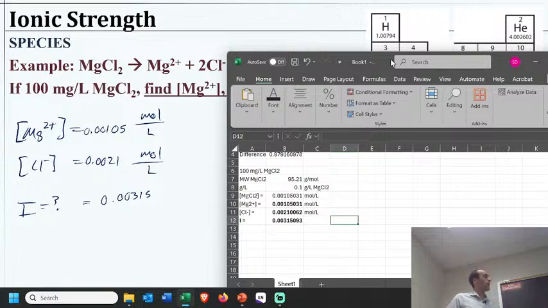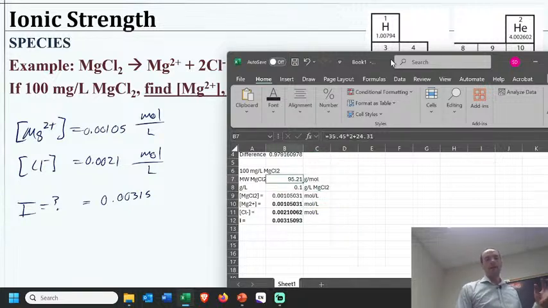We have 2 Cl minus for every 1 mole of that molecule that we dissolve. So I said, let's just say as if it was staying as MgCl2, I'll find the concentration, so to speak, of that and go from there. So we could find how many moles of that we added. I just left it in moles per liter. We have 100 milligrams per liter, that's 0.1 grams per liter.